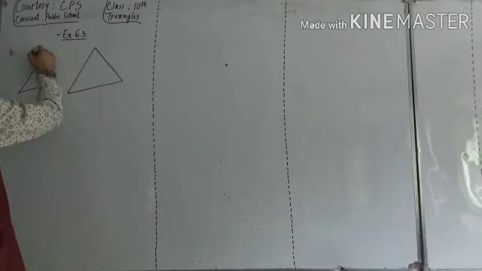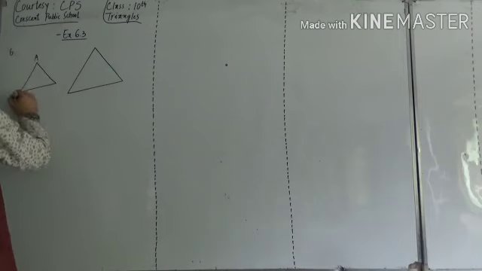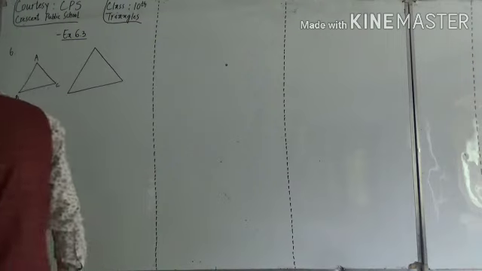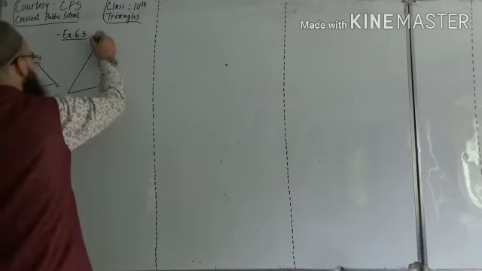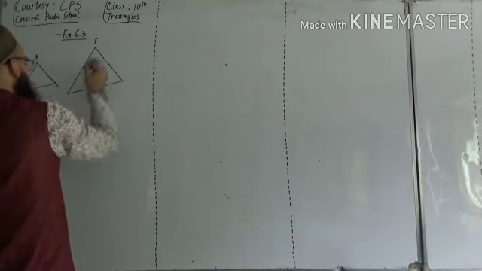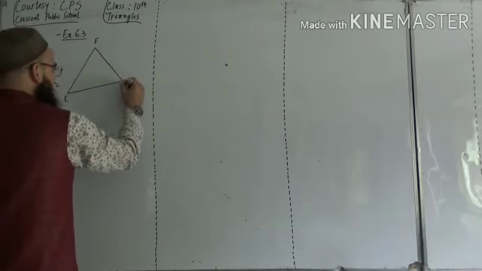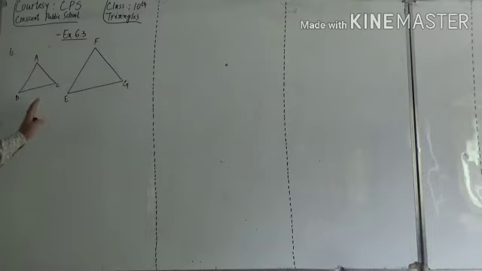Let us say this is A, B, C and FEG. ABC is similar to FEG.